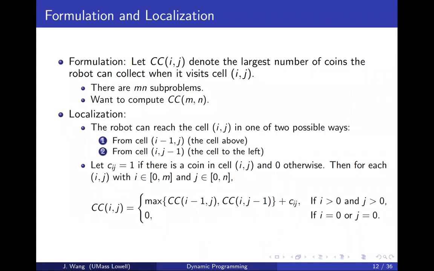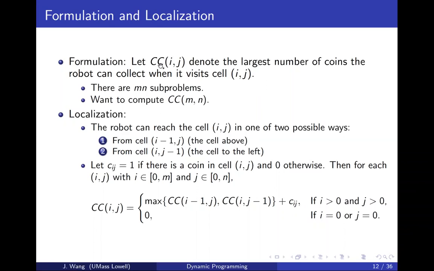Again, let's look at this problem. We first use C of i,j. Now this has 2 parameters because it is a 2-dimensional board. So i and j denote the largest number of coins the robot can collect when it visits cell i,j, starting from the upper left corner.